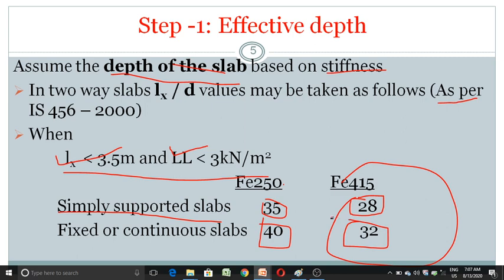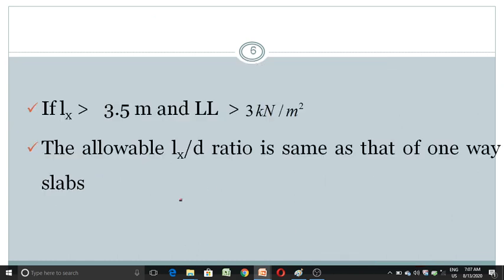We use these conditions when Lx is less than 3.5 meters and live load is less than 3 kN per meter square. If the case is different, that is, if your Lx, the shorter direction length, is 3.5 meters or more and live load is greater than 3 kN per meter square, then we can use the Lx by d ratio the same as you use for a one-way slab.